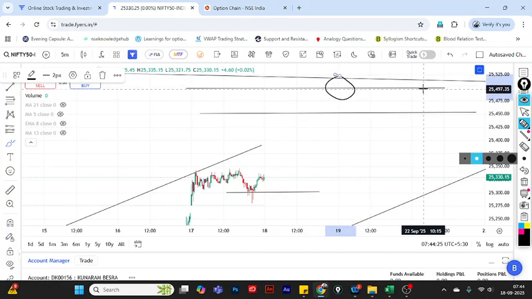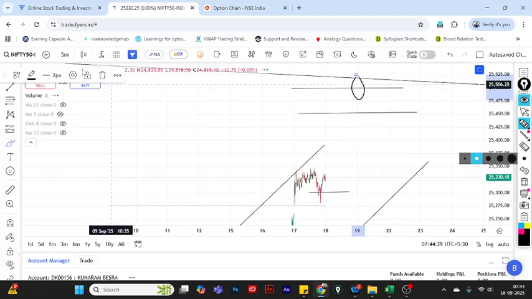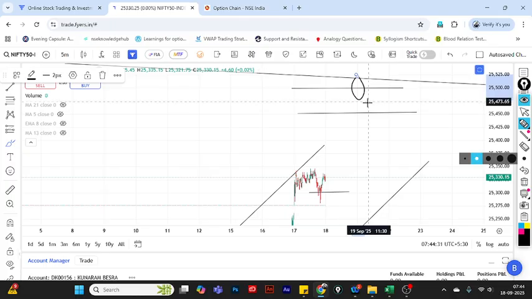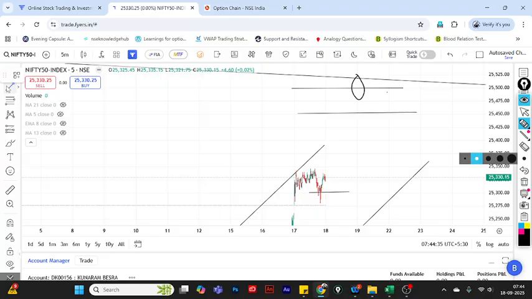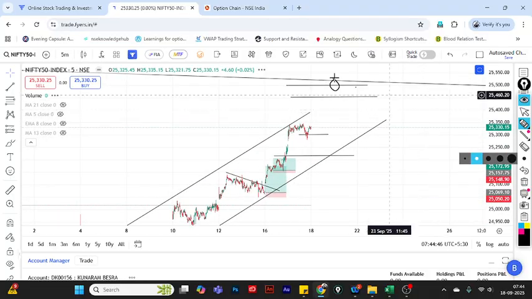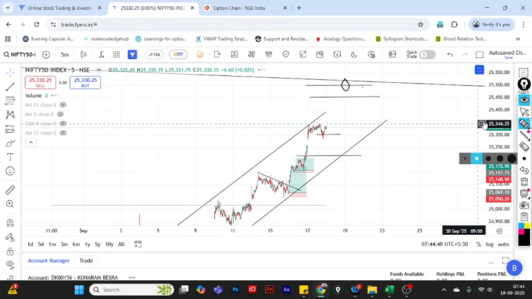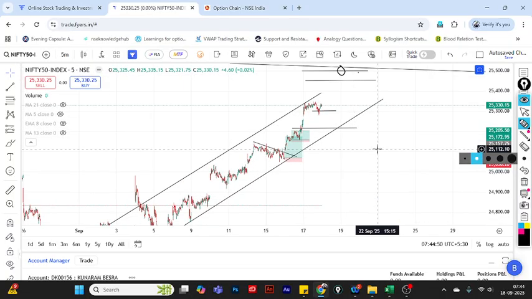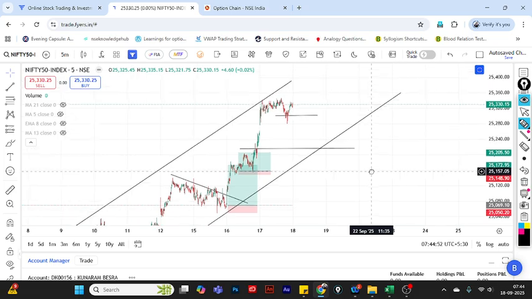So mark this level, 25,500. This is the crucial level. So how will the market behave?